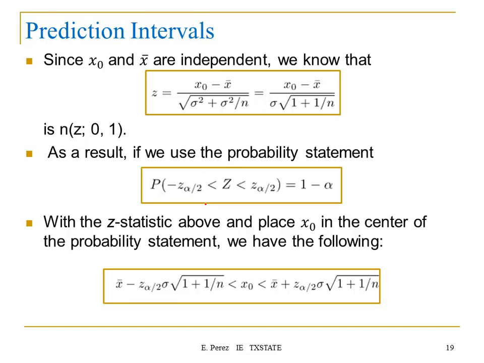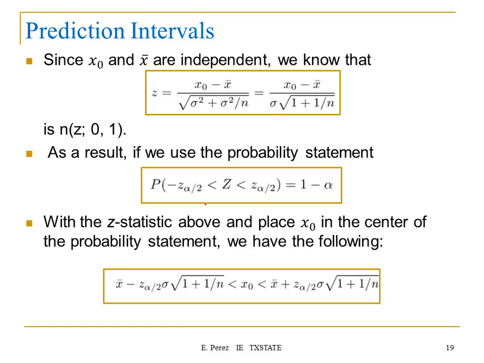As a result, if you go through the process of derivation, this is what you're going to get: the confidence interval in terms of the new observation, x0. Based on the samples that you're getting from your process, the new observation will have some limits, a lower bound and an upper bound.